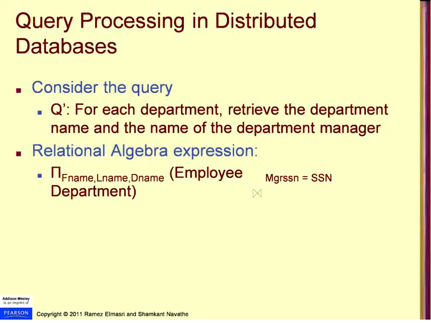For each department, retrieve the department name and the name of department manager. So it means the relational algebraic expression is project first name, last name and department name from employee relation, and you are matching manager SSN with SSN.